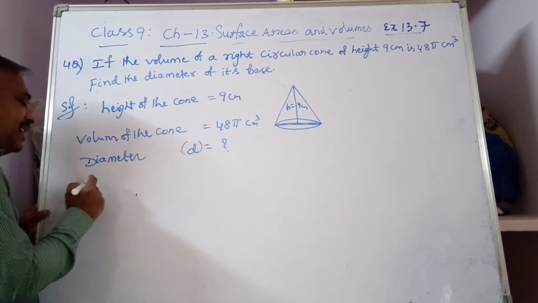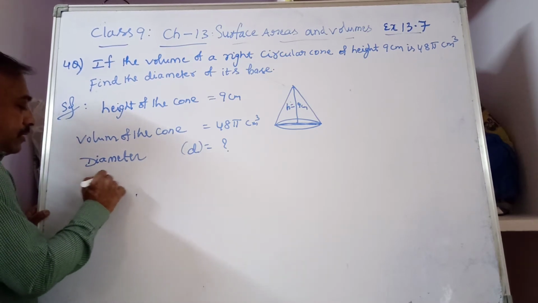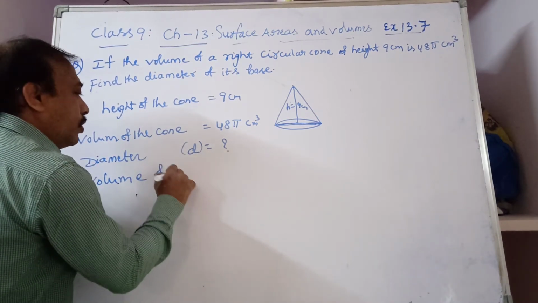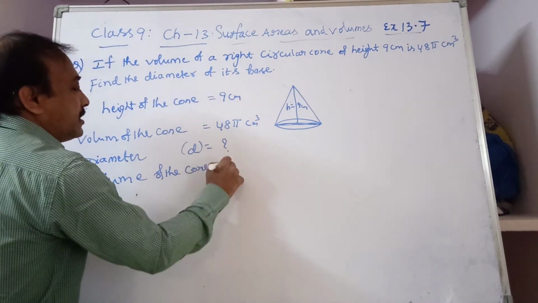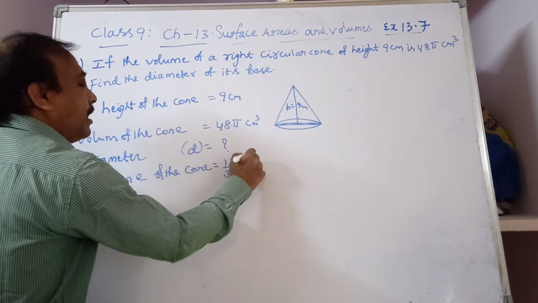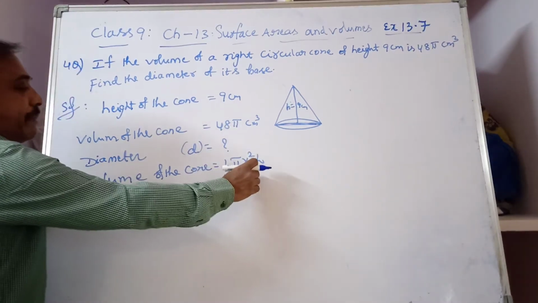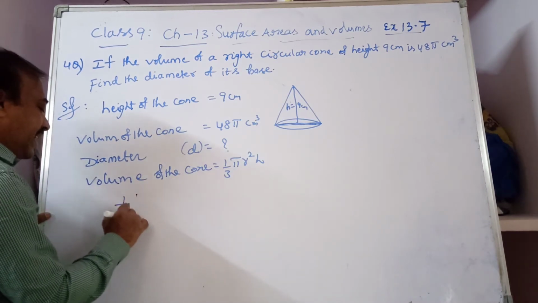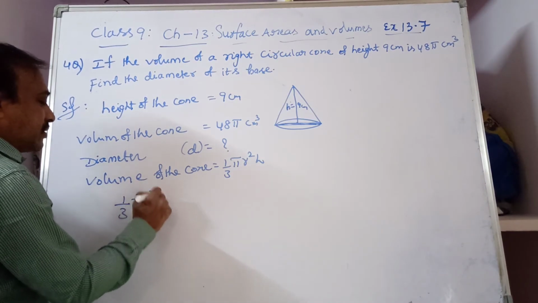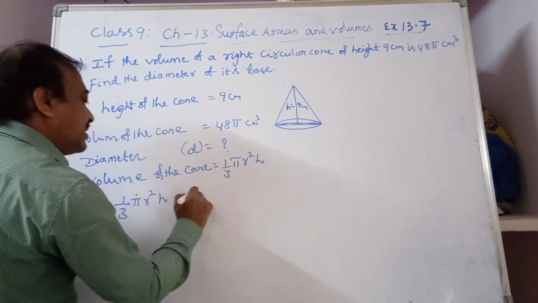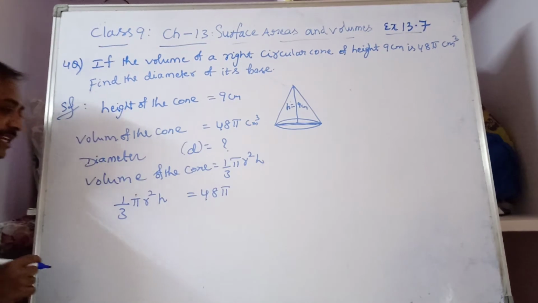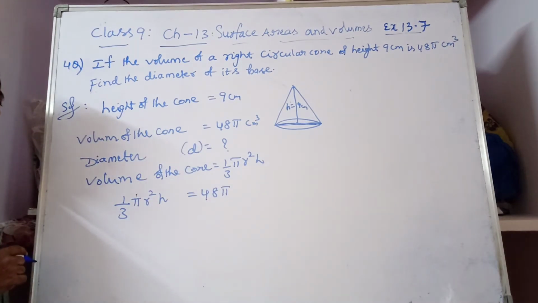So what is the volume formula? Volume of the cone is equal to 1 by 3 pi r square h. So 1 by 3 pi r square h is equal to 48 pi.